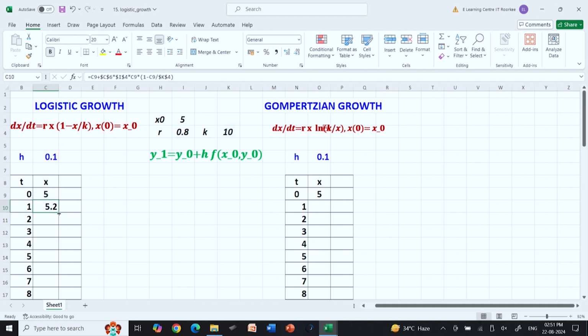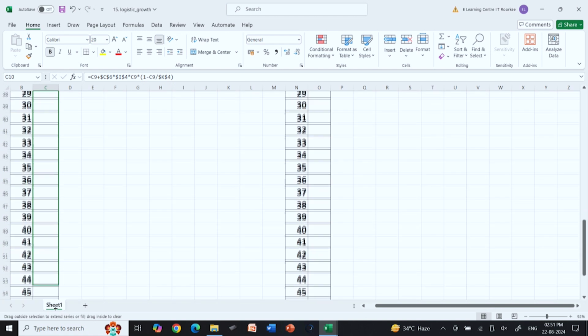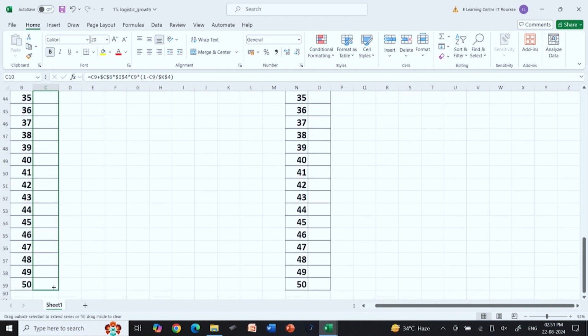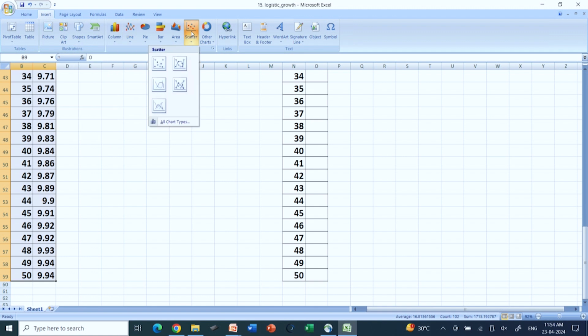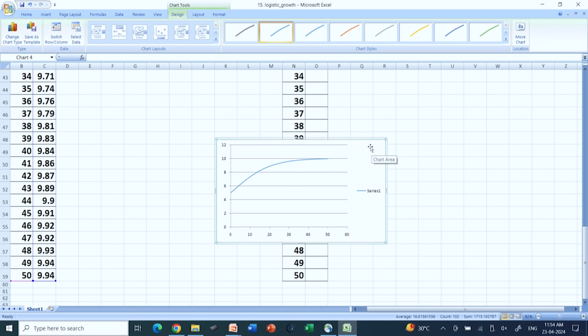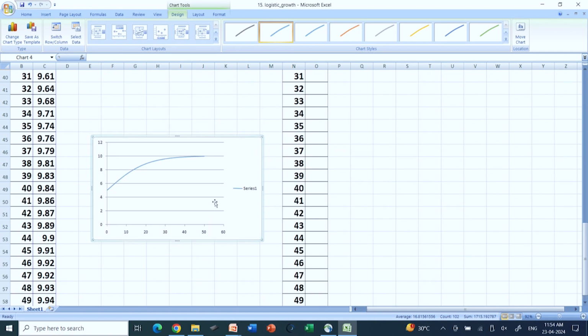And then I just drag this to get all the values. Go to scatter and I plot this. So I get something like this. The same I can do with the Gompertzian one.